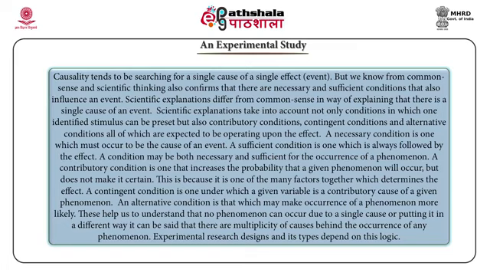Scientific explanations differ from common sense, which explains that there is a single cause of an event. Scientific explanations take into account not only conditions in which one identified stimulus can be present, but also contributory conditions, contingent conditions, and alternative conditions, all of which are expected to be operating upon the effect.